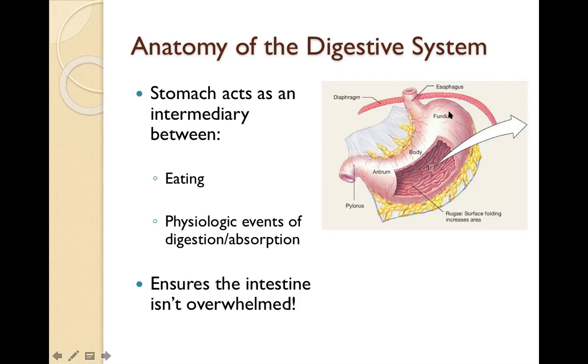Yes, there's physical digestion because the stomach churns and helps break down the foodstuff even more. Yes, there's chemical digestion because it produces enzymes to break down the food. But it also acts as a place where the partially digested food can hang out until the small intestine is ready for it. You don't want too much stuff going in the small intestine because then everything gets overwhelmed.